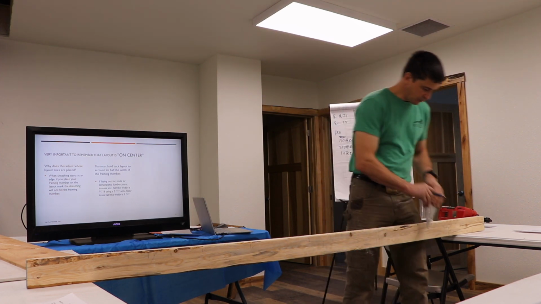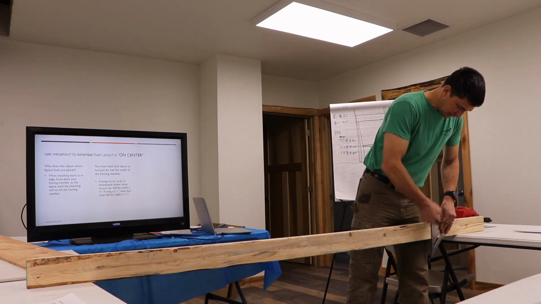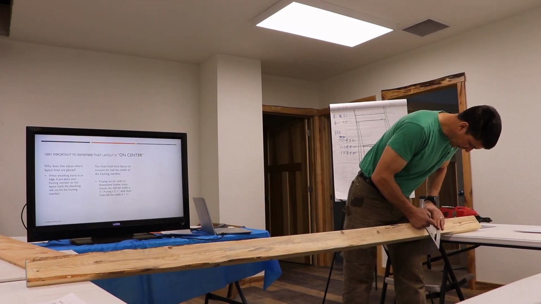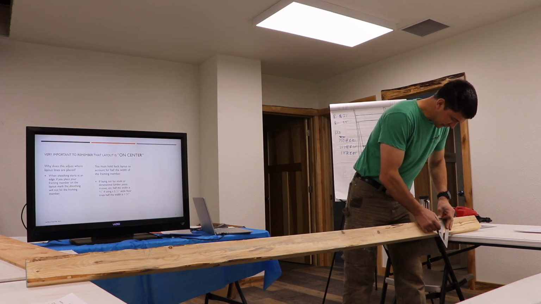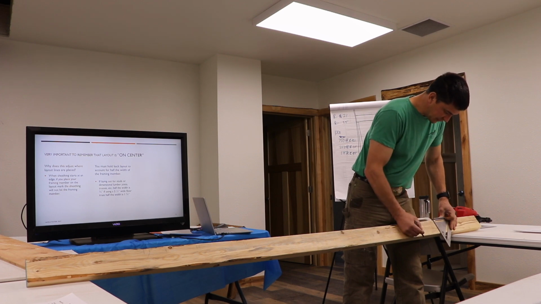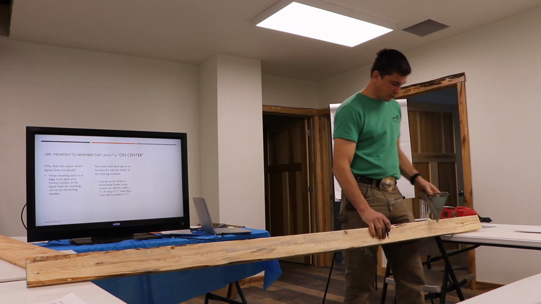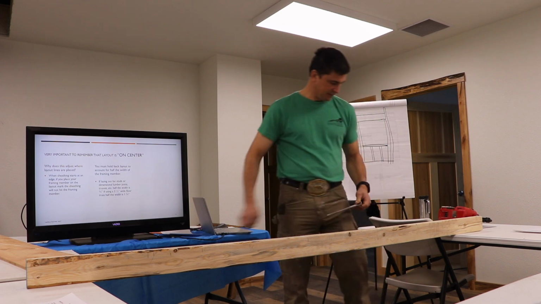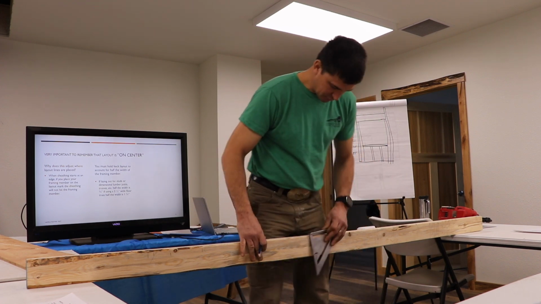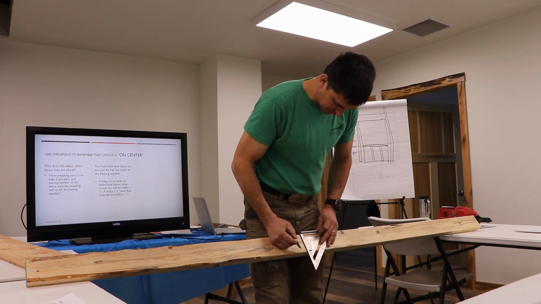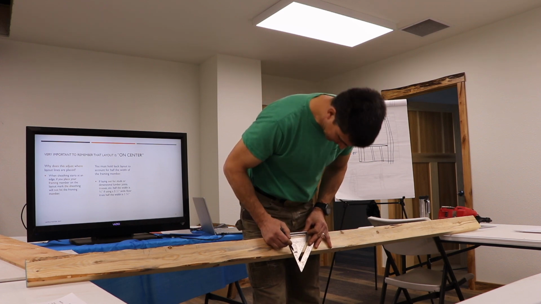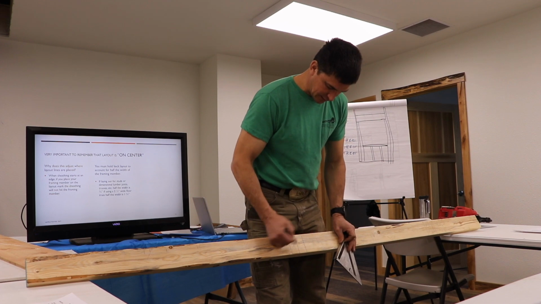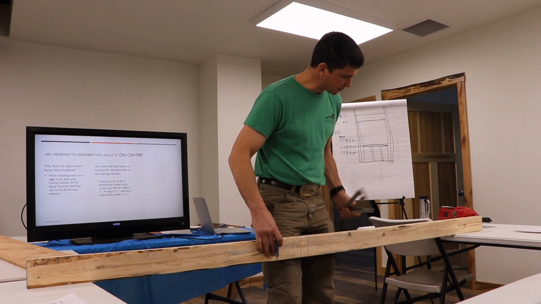Then you take your square, and these have really nice lines on it. So you mark at 1.5 inches and 3. You put an X for your king stud, and I'll put an S for my shoulder stud. Then we'll come over to the other side, mark for that opening, and again, X for a king stud, S for the shoulder.